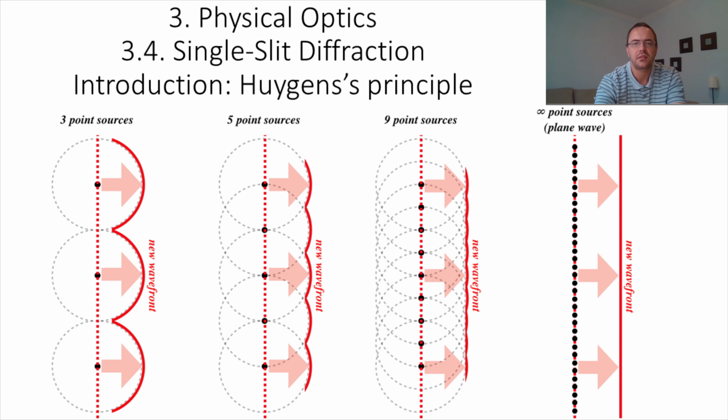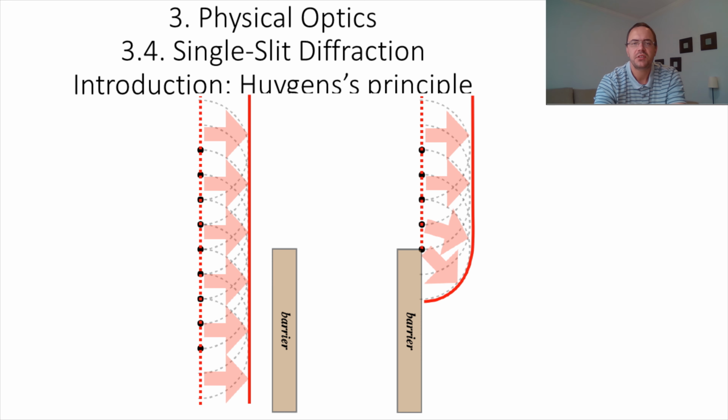And so you can see that if we have an infinite number of sources of wavelets, then we get a wavefront that seems to propagate in just one direction, even if all the wavelets individually emit in all the directions. And this is useful because now if you imagine a barrier, then the wavelets that are near this barrier still emit in all the directions, but now we see that the wavefront is bending around this barrier. So the waves are able to propagate behind this barrier.